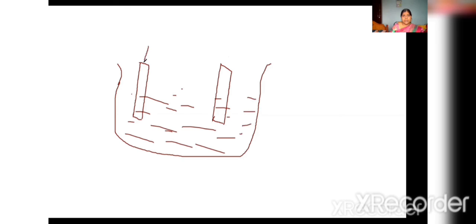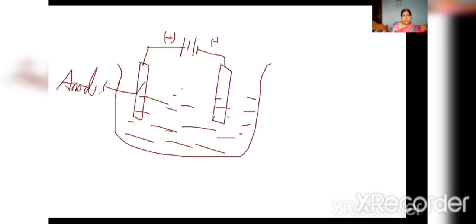One is connected to the positive pole of the battery, that is called the anode. One is connected to the negative pole of the battery. So this is the negative pole, and this is the positive pole. This is the anode here. This one is the cathode.